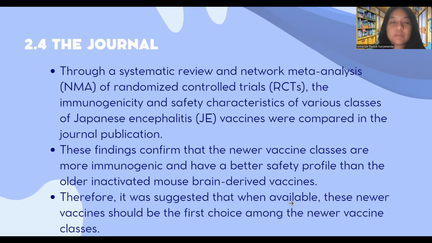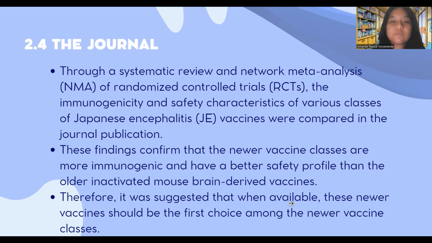Continuing my friend's presentation, about this journal, they conducted a systematic review and network meta-analysis of a number of randomized controlled trials regarding the immunogenicity and safety characteristics of various Japanese encephalitis vaccines.